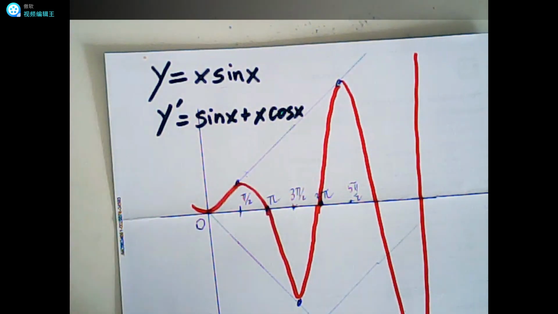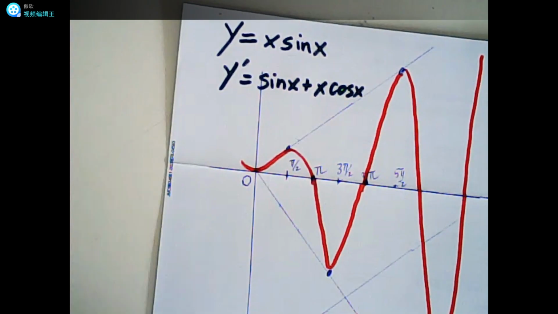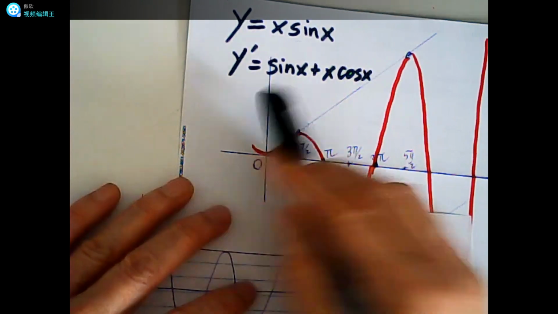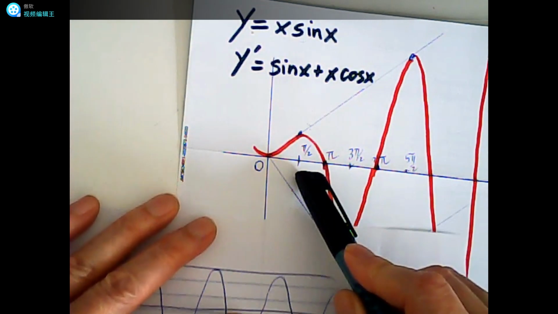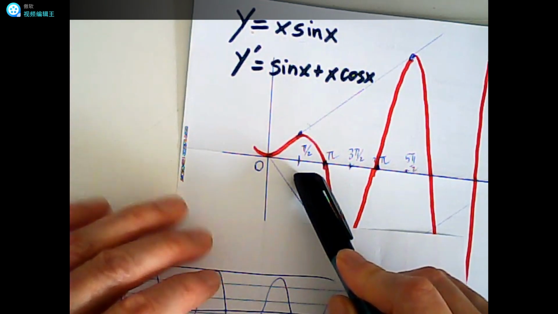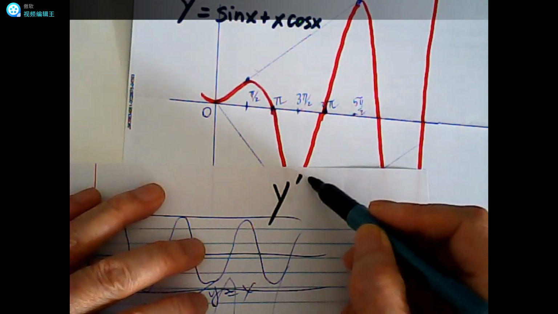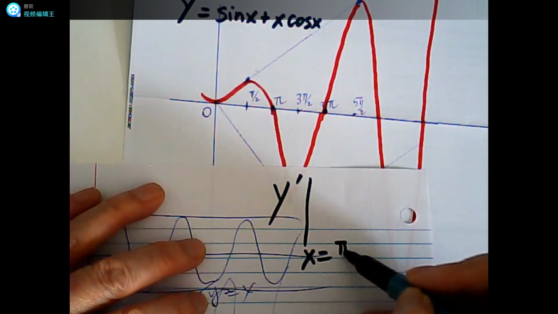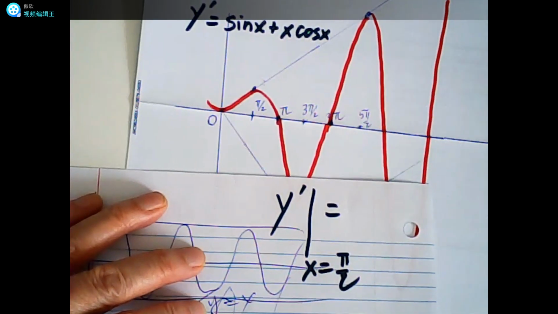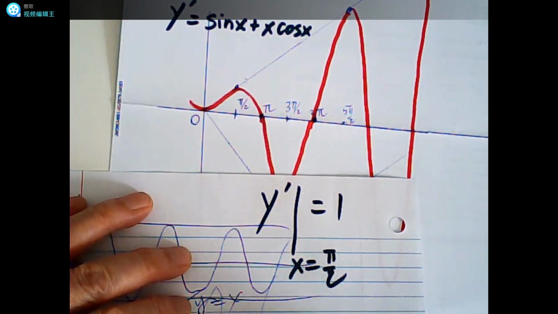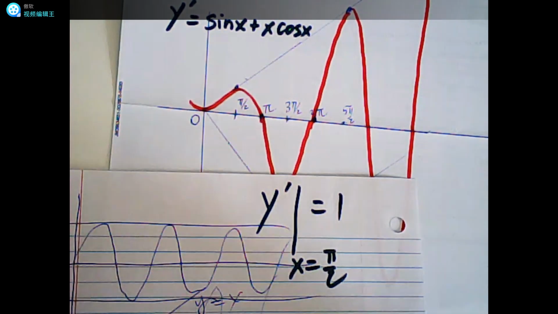Okay, now let's look at this one. When x equals half pi, the derivative at x equals half pi is equal to 1. It's not equal to 0.